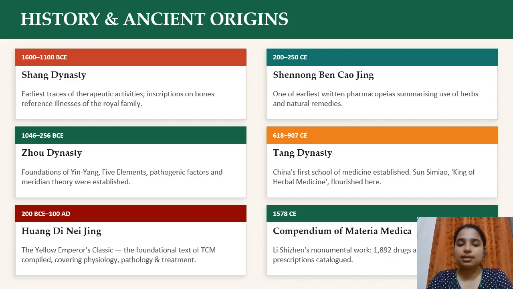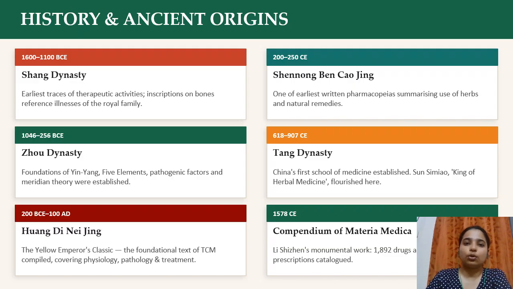Materia Medica is a compilation of 11,000 plus prescriptions, as well as we have 1,892 drugs, out of which 1,094 are herbs. So Li Shizhen compiled Materia Medica. So this is a glimpse of the history or the origin of Chinese system of medicine.